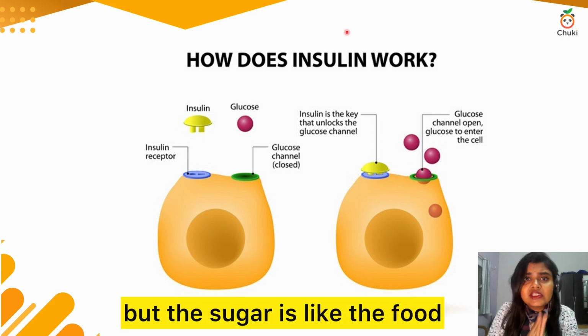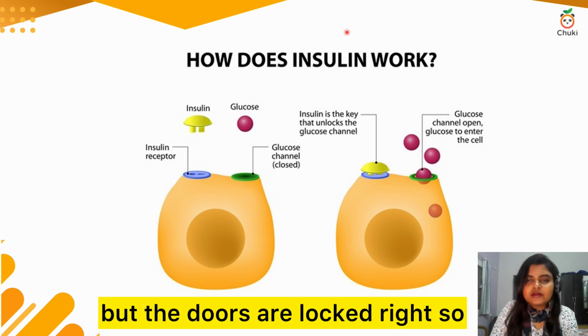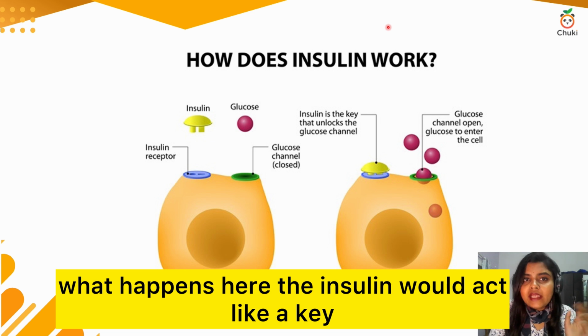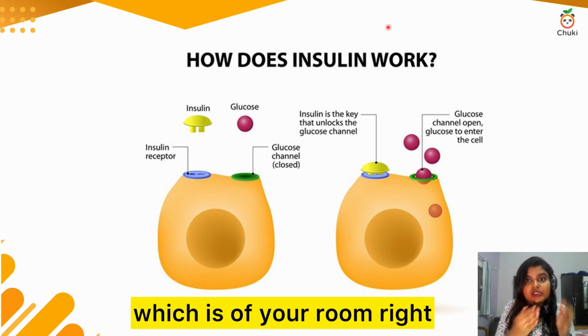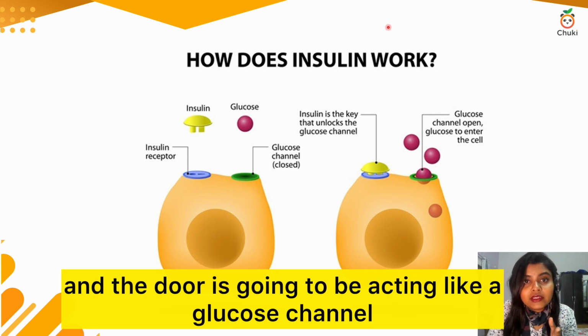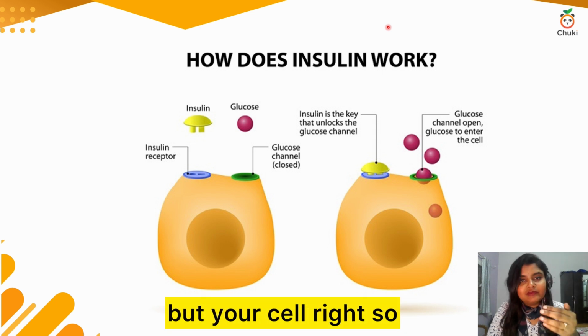Glucose, which is nothing but sugar, is like the food waiting outside the rooms, but the doors are locked, right? The insulin acts like a key because it is going to unlock the door of your room. The door acts like a glucose channel, and the food, that is the glucose, can enter the room, which is your cell, right?